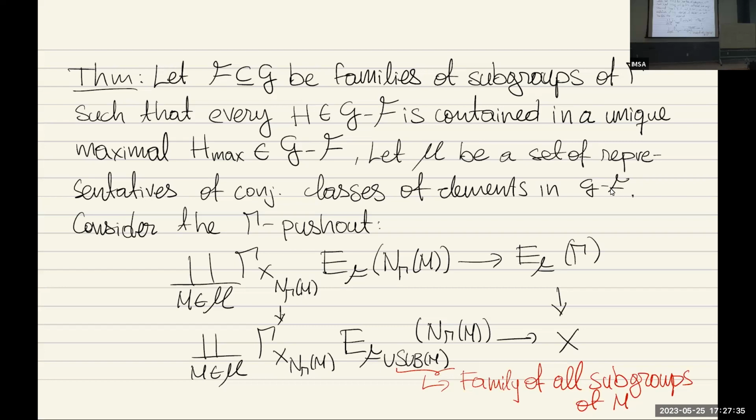The difference is that here we have to consider the classifying space not for M. Instead, it is the classifying space for the normalizer. Here the same, the normalizer and the families: here the family F, and here the family F together with the family of all subgroups of M. Okay, that is the difference, but the idea is similar. And the proof is similar also.